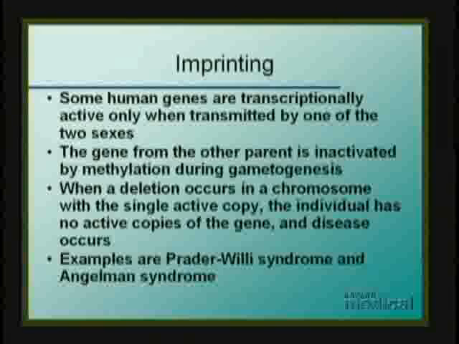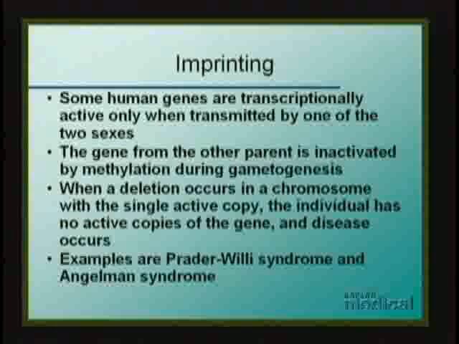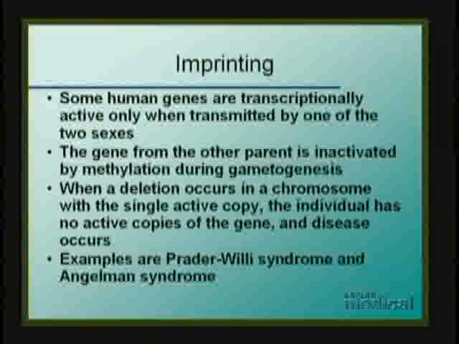The gene from one parent is mutated or deleted, and the gene from the other parent is methylated, imprinted, and turned off, so the child has no active copies and will show the symptoms of some disease.